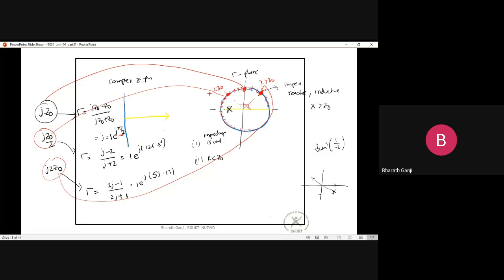And for all these values I can say they are less than minus z0.